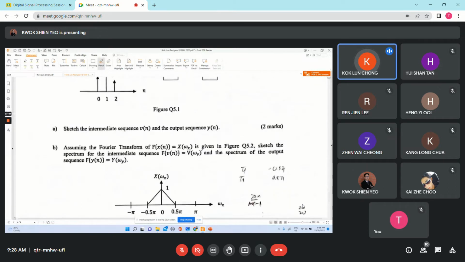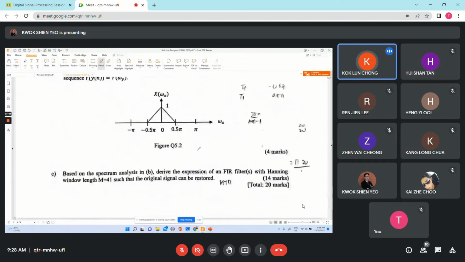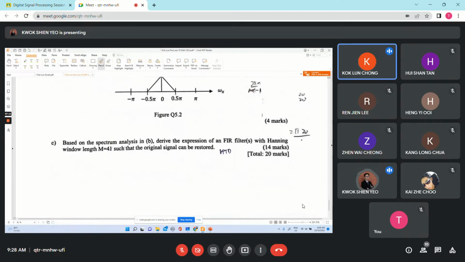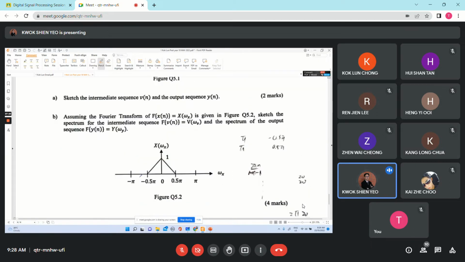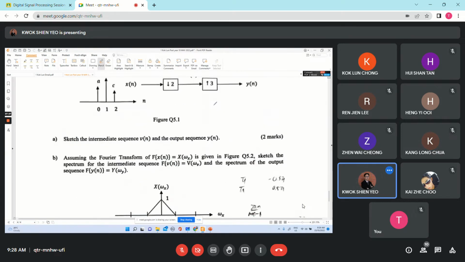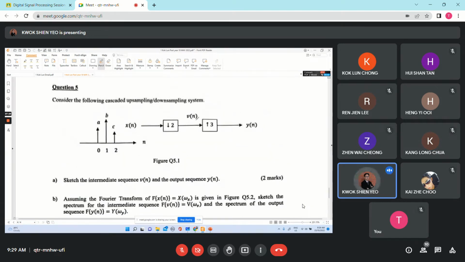Actually, for question 5C, it relates to 5B, right? Based on the spectrum, yeah. So you need to see what is B and find an FIR filter with Hamming window M41 such that the original signal can be restored. Oh, okay. So what happened in B is that it has been downsampled and upsampled.